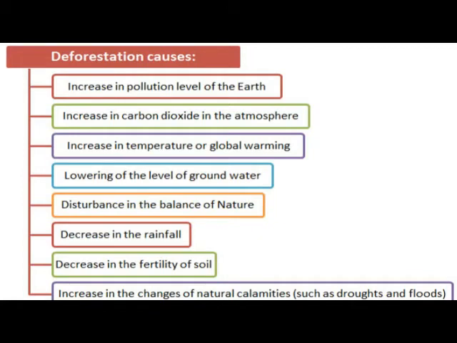Let's discuss the consequences of deforestation. Deforestation increases the temperature and pollution level on the earth. It increases the level of carbon dioxide in the atmosphere. Groundwater level also gets lowered.